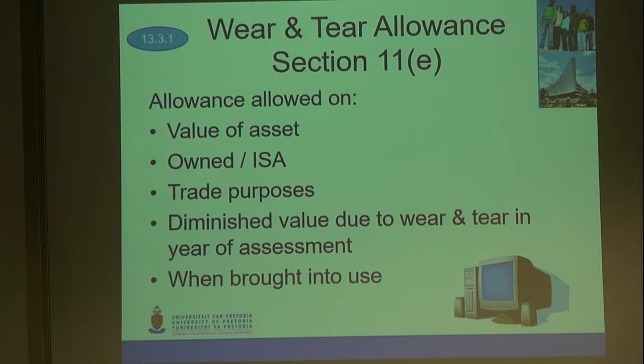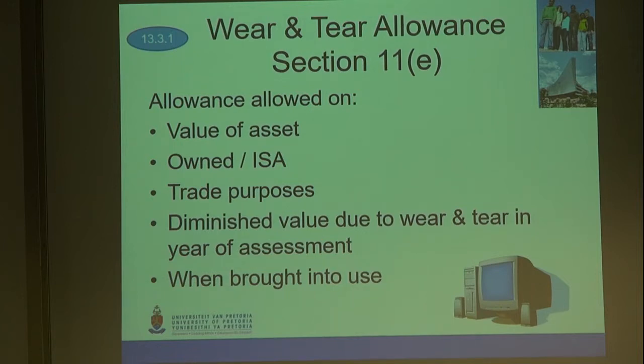Right, so you're going to check if you're sitting in movable assets, is there any other section that you can use? And for our purposes, we're only looking at 12C. So you're going to check quickly, is this asset a 12C asset? Now a 12C asset is a manufacturing machine. If it's not, then you're going to apply 11E. Okay, so 11E is our fallback section.